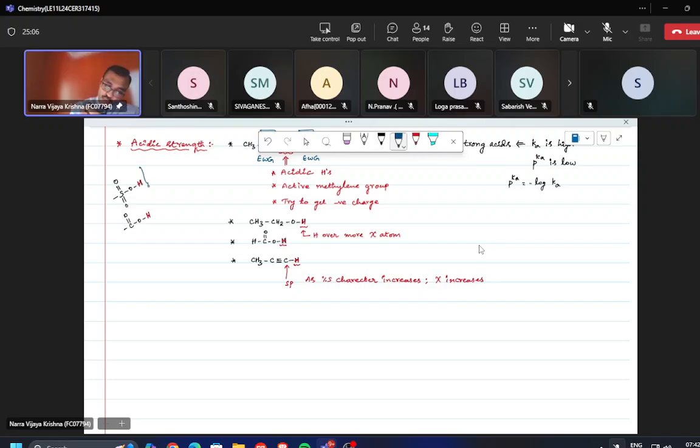This is called sulfonic acid. This is called carboxylic acid. We call this an inorganic acid, and I call this an organic acid. Generally, inorganic acids are mineral acids. Why do I call it a mineral acid?